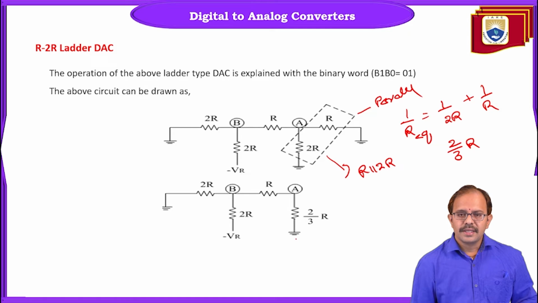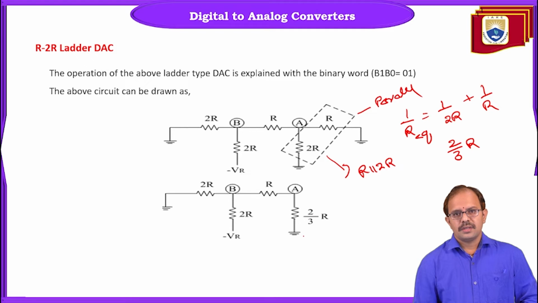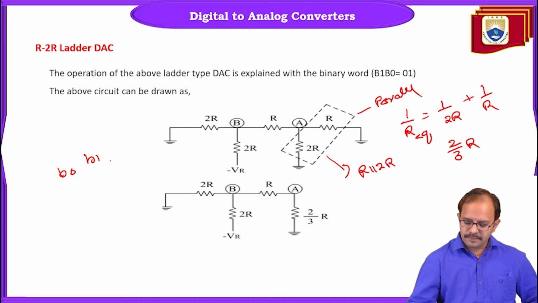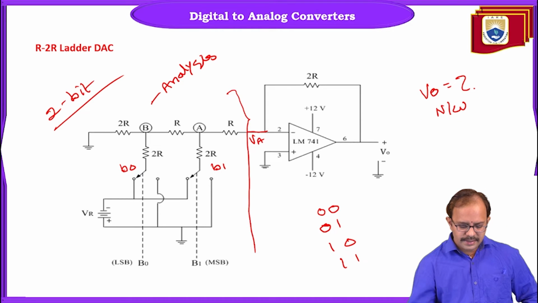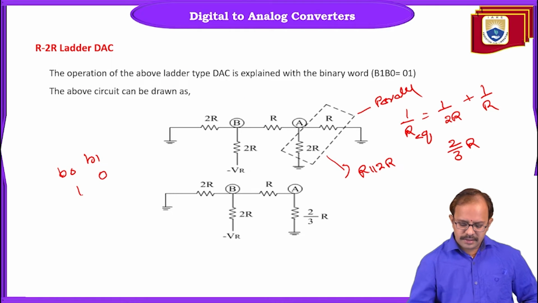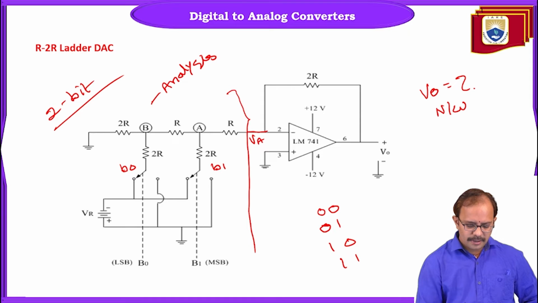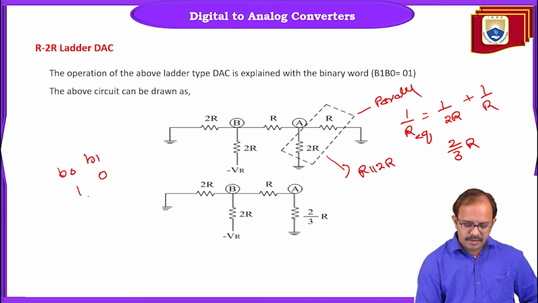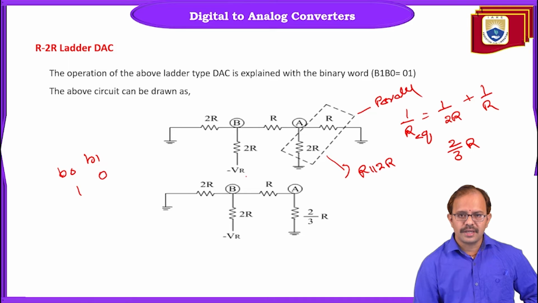As we said, if the incoming data is binary 0, then the corresponding digital switch is connected to the ground. So B1 is 0 and B0 is 1. Now since B0 is 1, the switch is going to connect with the reference voltage, which is minus VR.